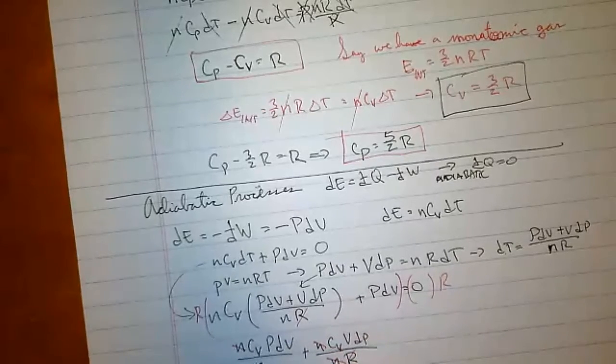So I got Cv V dP. And of course, all that's equal to, oh, I forgot a term, didn't I? Plus P R dV.